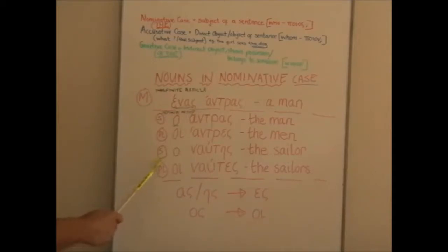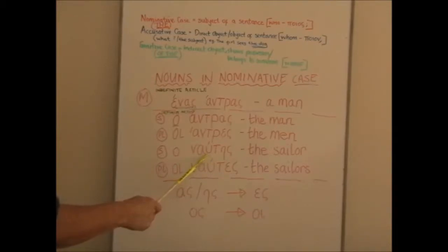So singular, this is still masculine nominative, but this word, look, finishes with is. So o naftis. Remember, emphasize any part where you have the mark over the letter, means emphasize this bit. Look back, you will see there were two ways of saying this part, af or av.